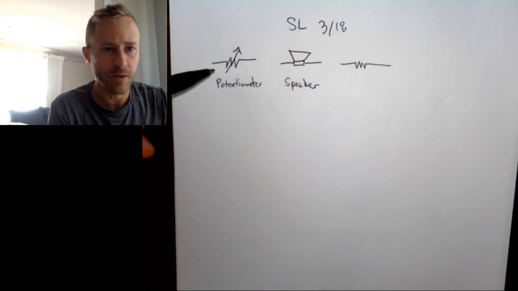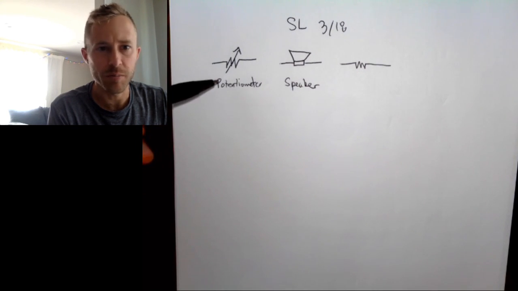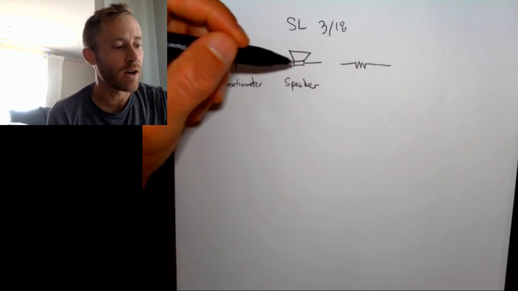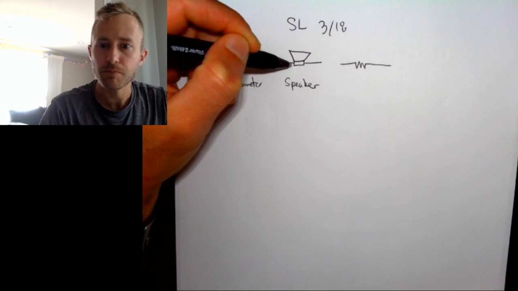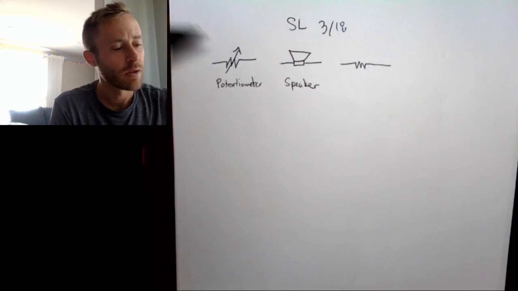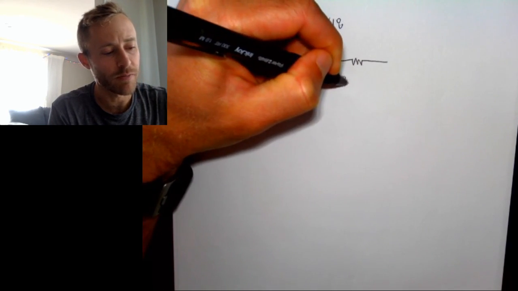So we have a potentiometer. A potentiometer is essentially a variable resistor. We have a speaker, which just plays sound. This is called a photoresistor.